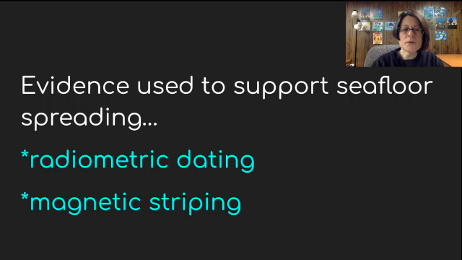Evidence that is used to support seafloor spreading is radiometric dating and magnetic striping. Now remember, radiometric dating is more an old Earth scientist thing to use. Young Earth scientists do not agree completely with it and its time scales. And magnetic striping as well is more used by old Earth scientists. Young Earth scientists would agree that the magnetic field does switch, and it has switched.